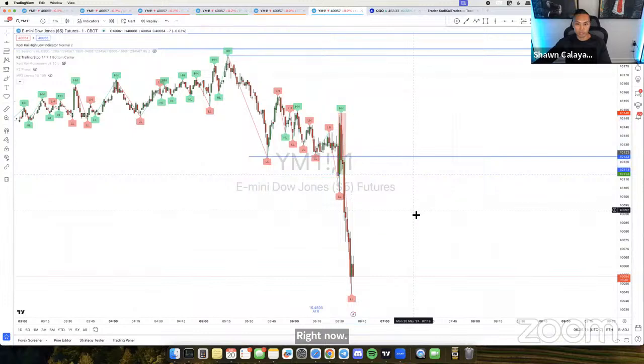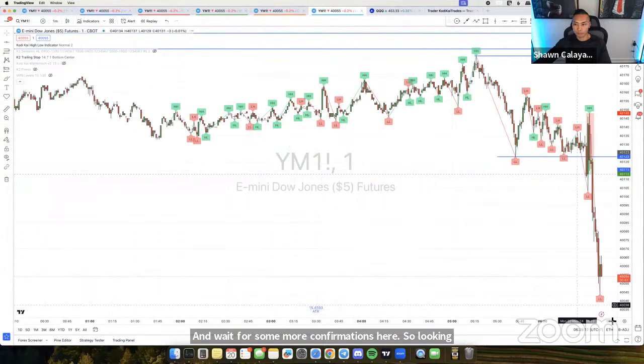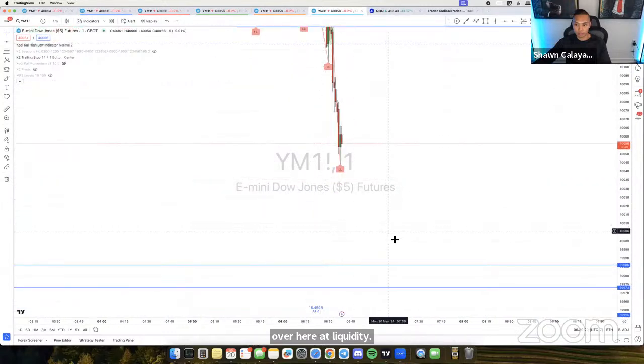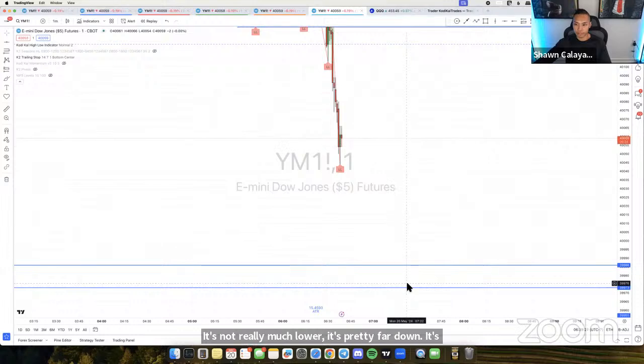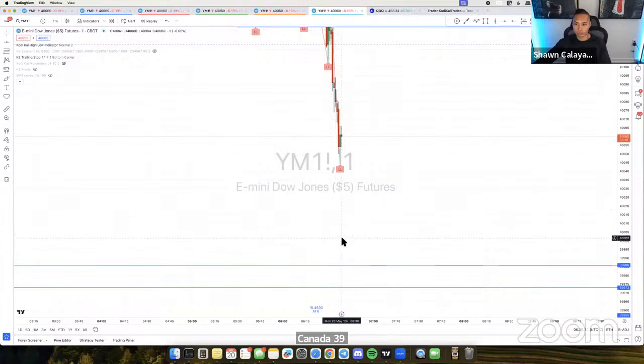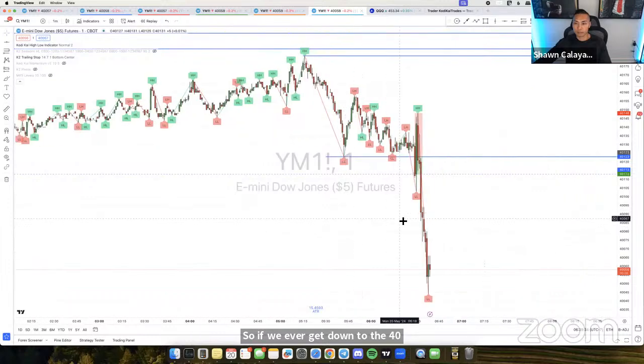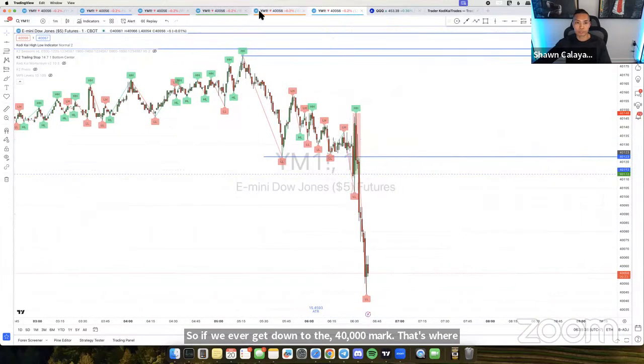So looking over here at liquidity, there's not really much lower liquidity here. It's pretty far down, at 39,989. So if we ever get down to the 40,000 mark, that's where we'll probably expect this to reach liquidity.